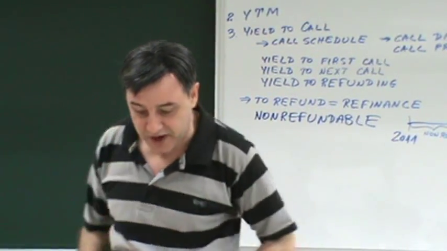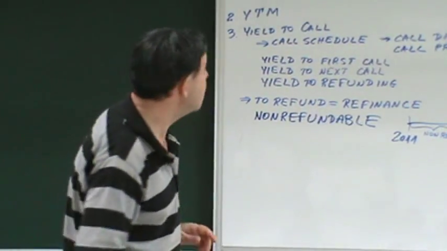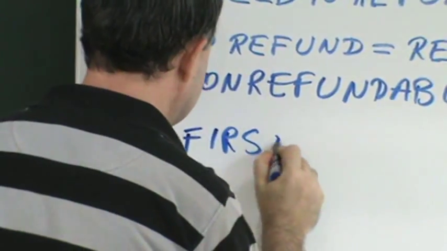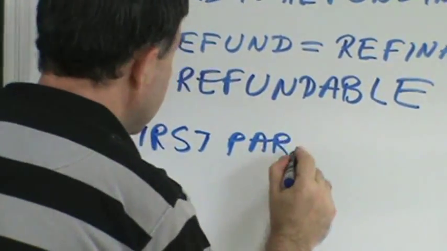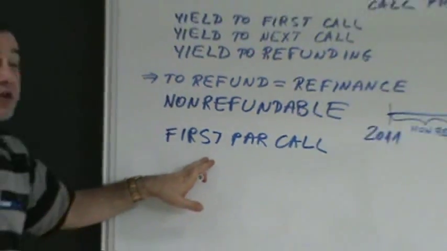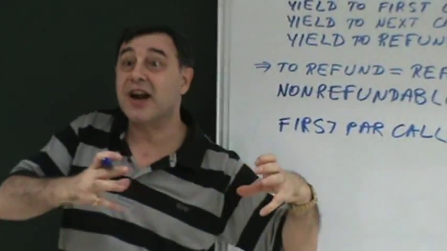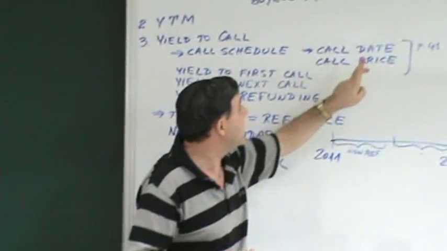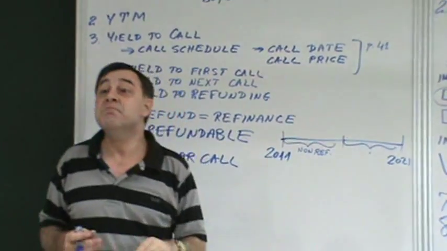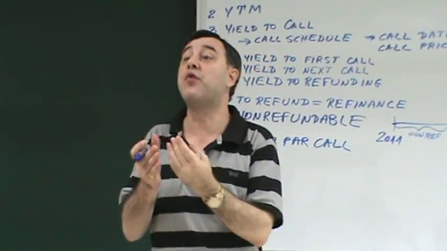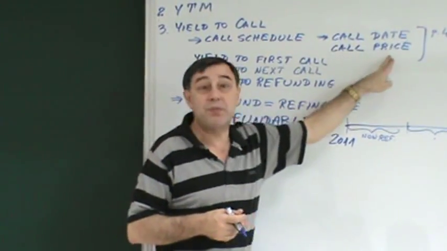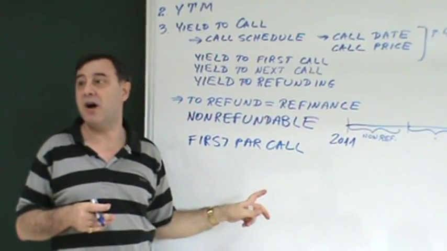Now, before getting to that, it's called first par call. You see, what I'm trying to explain to you is that the whole thing is complex. First par call means that you're going to have a call date, you're going to have a call price. Maybe 1 year before it matures, or 2 years before it matures, the call price will be simply par.